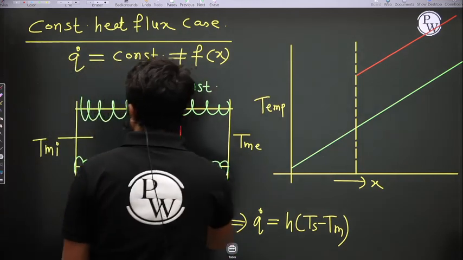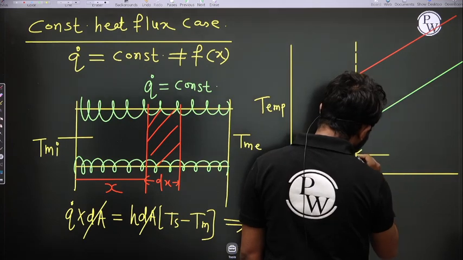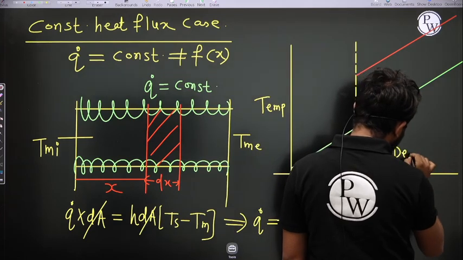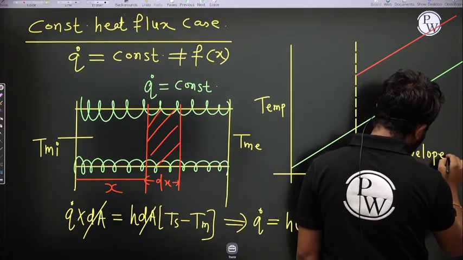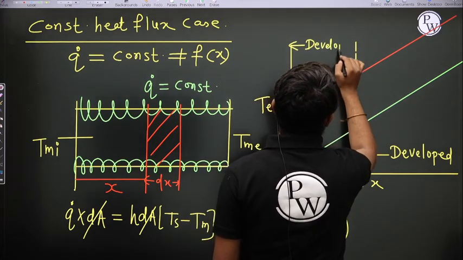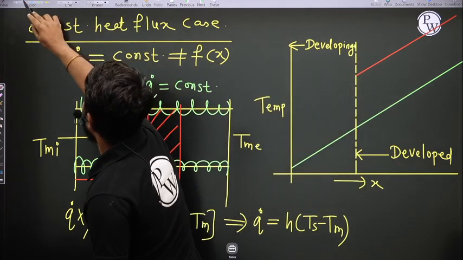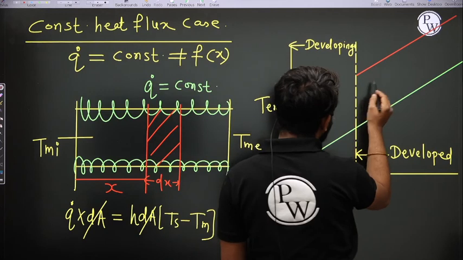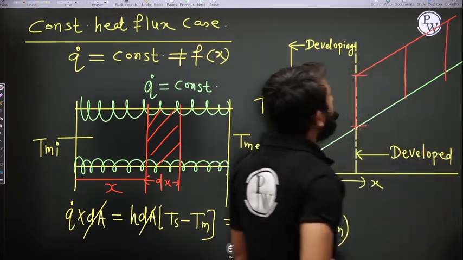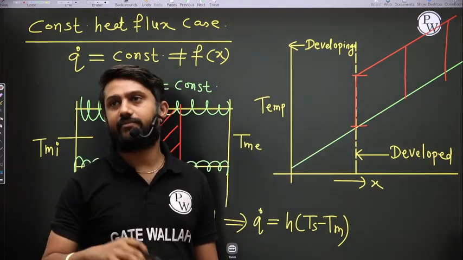So this is the developed region. This is the developing region. And in the developed region, at any x, the temperature difference between the Ts and the Tm is constant.